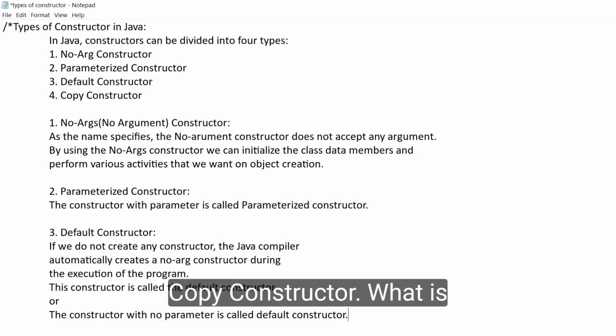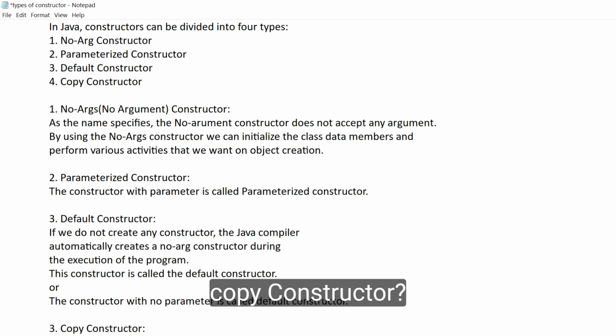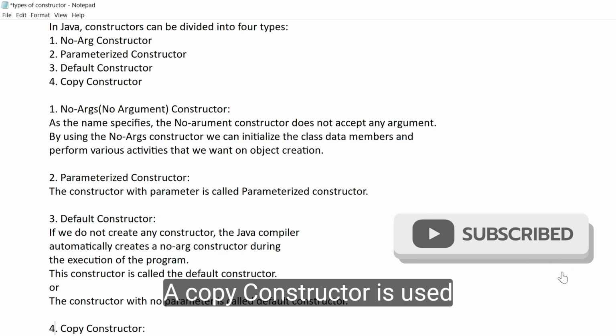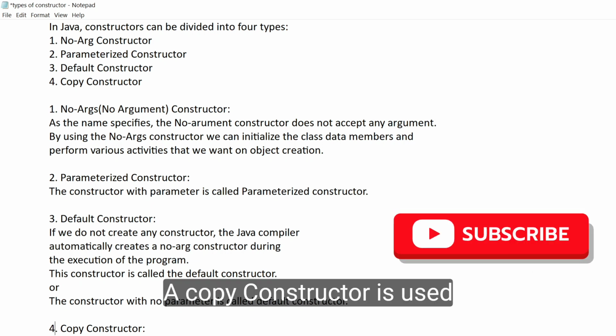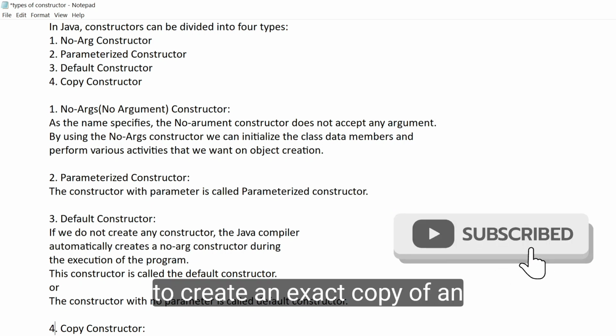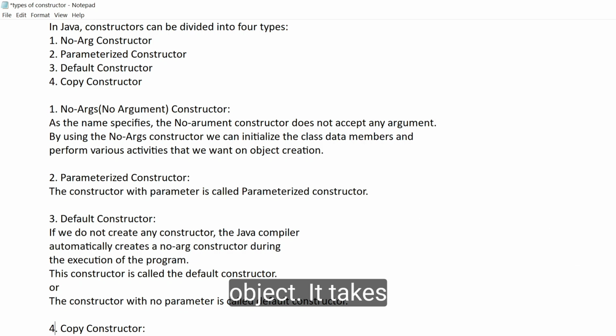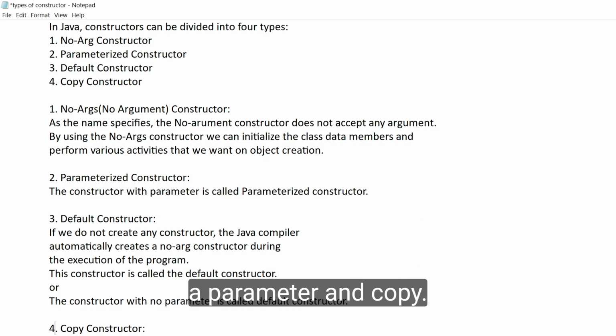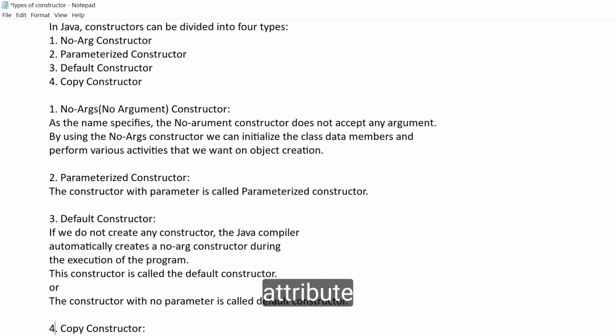Copy constructor. What is copy constructor? A copy constructor is used to create an exact copy of an object. It takes an object of the same class as a parameter and copies its attributes.